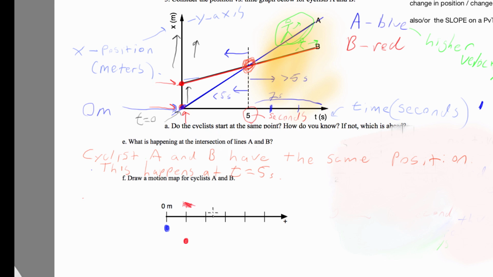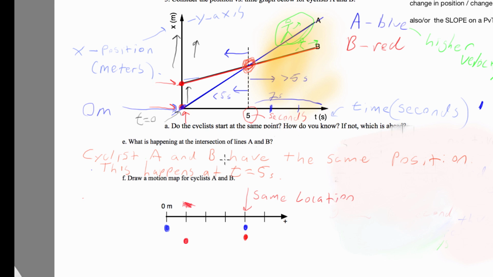All I know is that after 5 seconds, they're going to be in the same place, so I'm going to jump ahead, and this may be satisfying, this may be unsatisfying, but I assure you I am doing this with the utmost care. I am placing the 2 dots where I know that they're at the same location.